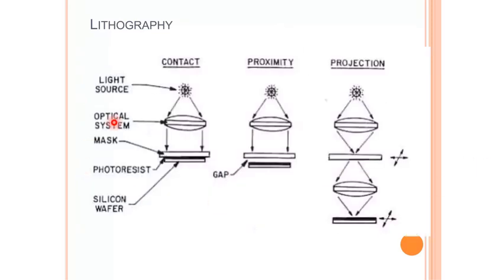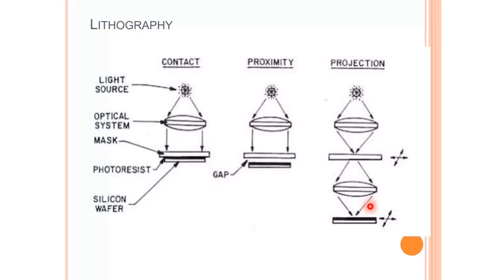Okay, this is the contact method. On the material, the mask is placed in contact, using a focusing arrangement, an optical system. The UV source is exposed and the light now comes onto the silicon wafer. Here, in proximity printing, there might be a gap between the mask and the actual silicon wafer.